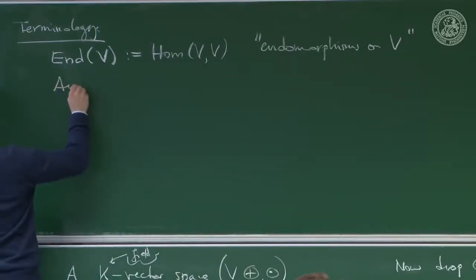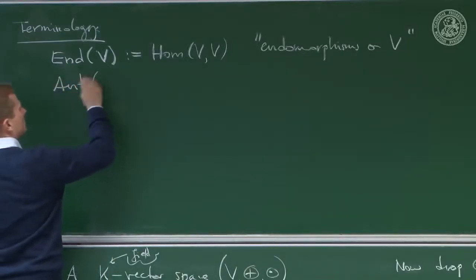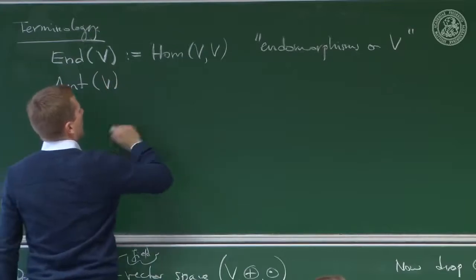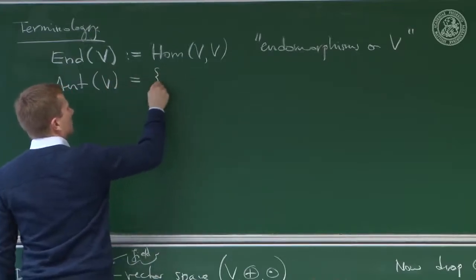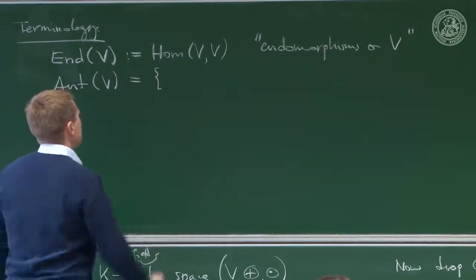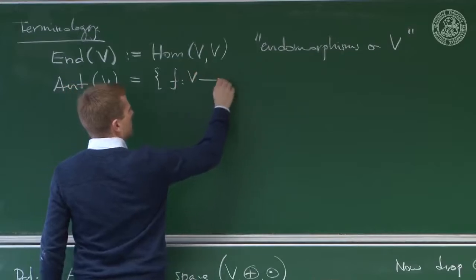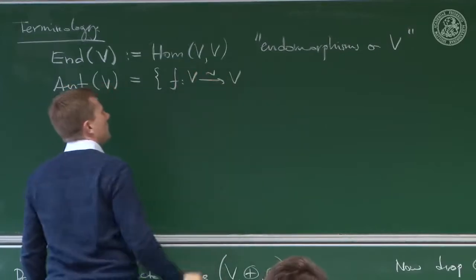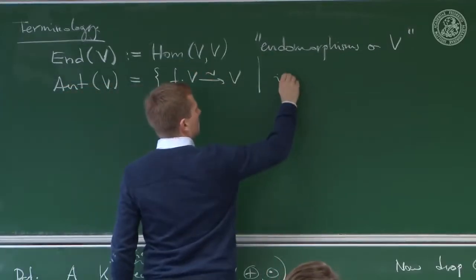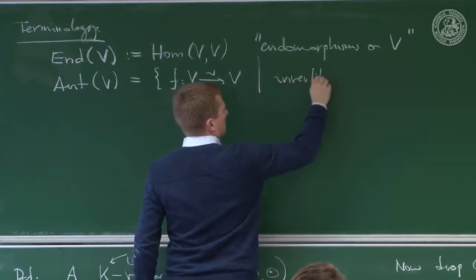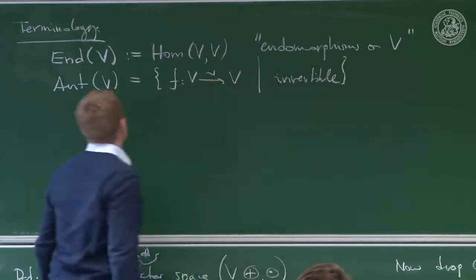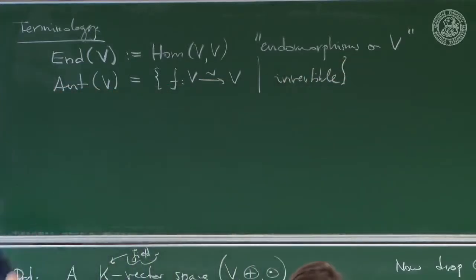Then there is the automorphisms Aut V. That's a little bit more. That's the linear maps from V to V. So they are homomorphisms, but they're invertible. These are the automorphisms, or before we called them the isomorphisms. That's the set of isomorphisms.